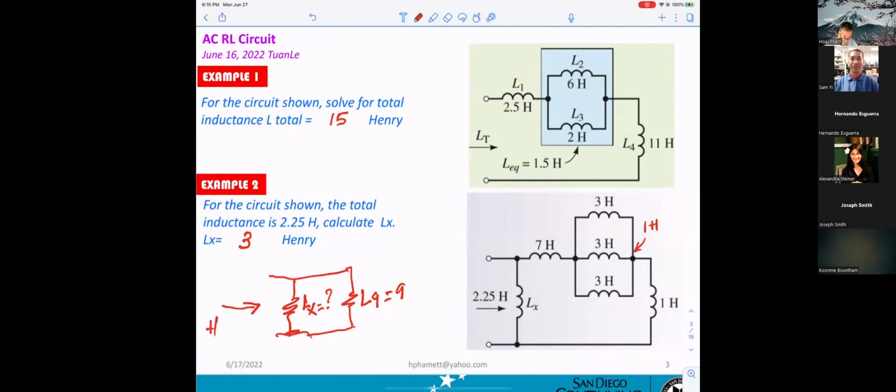L1, but you get 8 total, 2.25, right, in parallel with 9. No, that's not parallel. Look into it.